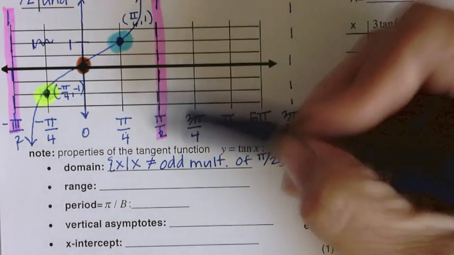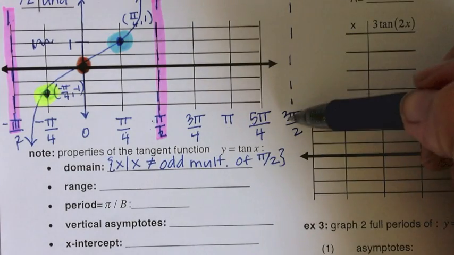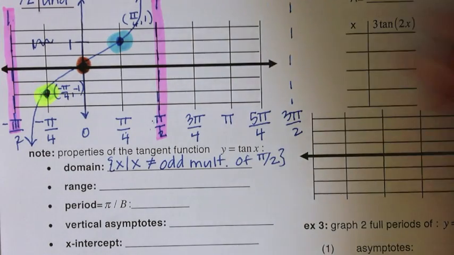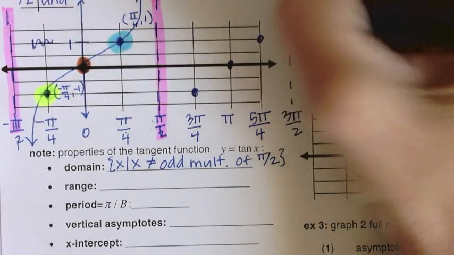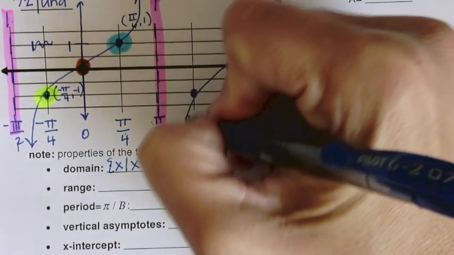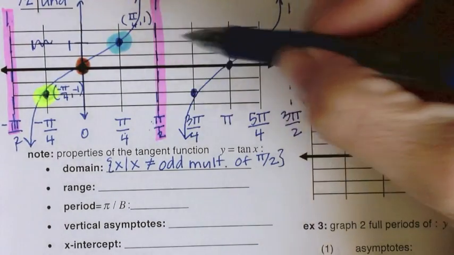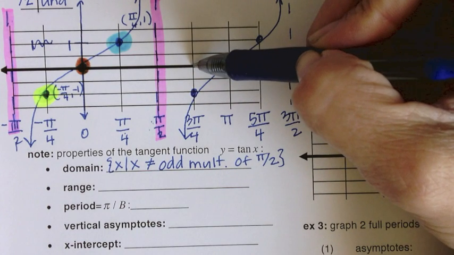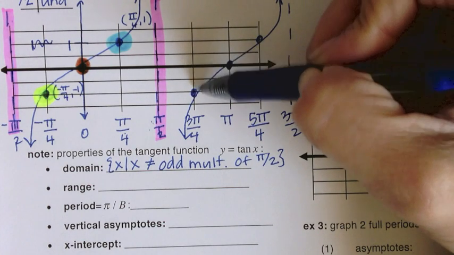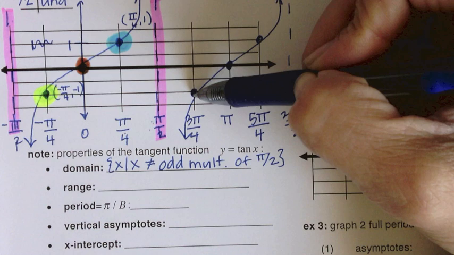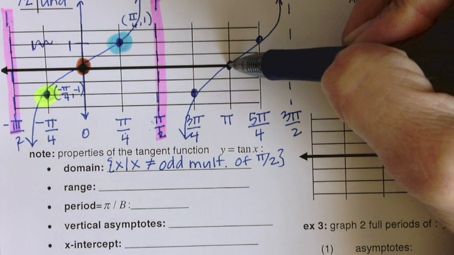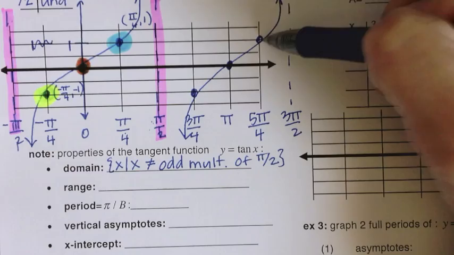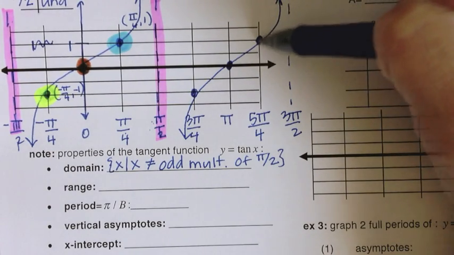And as you can see, this was a 1 and this is a 3. So those are odd multiples. And this graph is just going to repeat itself exactly the same way that it did. So let me just make this clear. 1/4 of the way, if there's no reflection, it'll be at its negative amplitude. Halfway in between is always the x-intercept, and then 3/4 of the way is the positive amplitude.